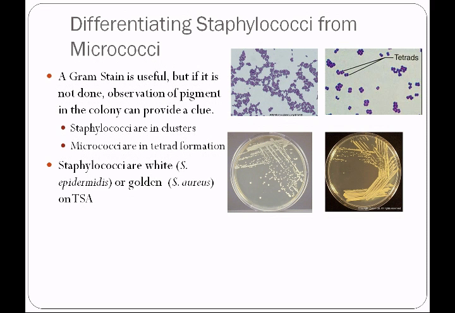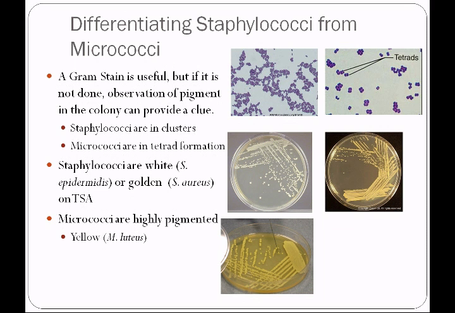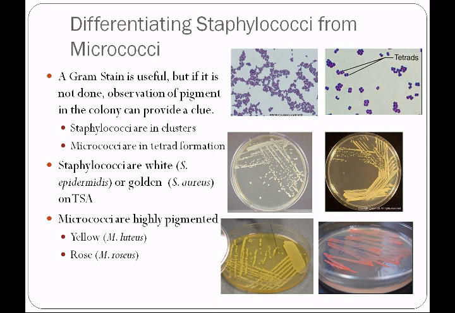Staphylococci on tryptic soy agar are white, whereas Staphylococcus aureus will be golden, more of a buff color, not a highly pigmented color. Micrococci, on the other hand, are highly pigmented. Micrococcus luteus is a lovely lemon yellow color, and Micrococcus roseus is a beautiful rose color.